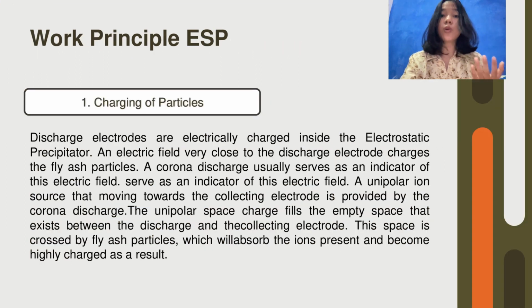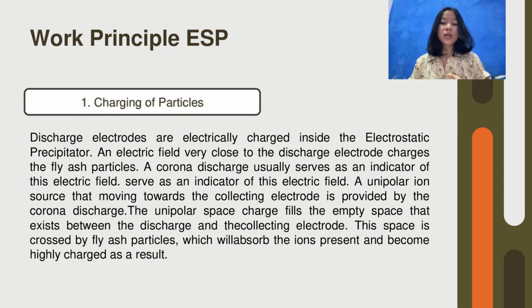So what about the working principle of ESP? The first one is charging of particles. Discharge electrodes are electrically charged inside the electrostatic precipitator. An electric field very close to the discharge electrodes charges the fly ash particles. A corona discharge usually serves as an indicator of this electric field.